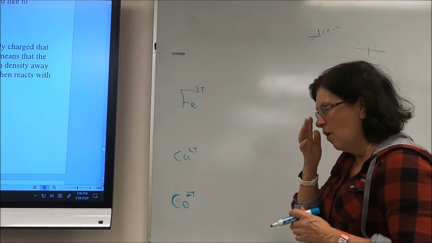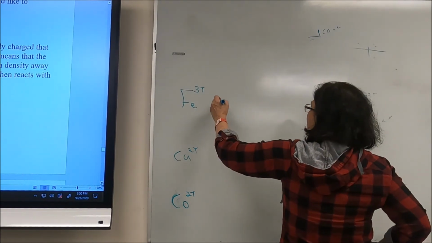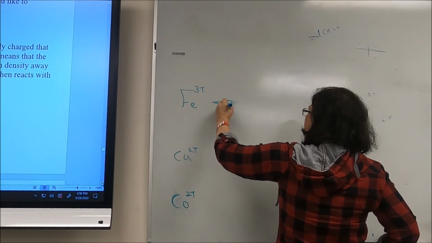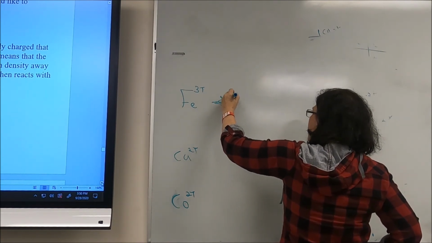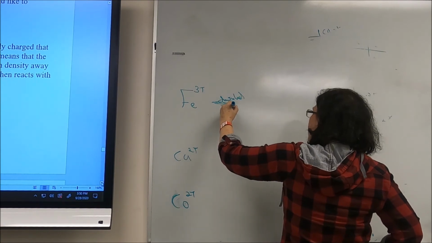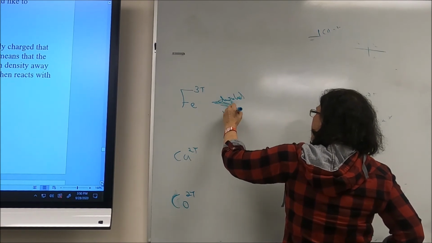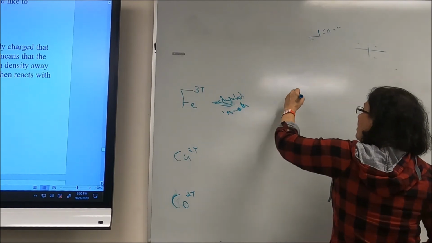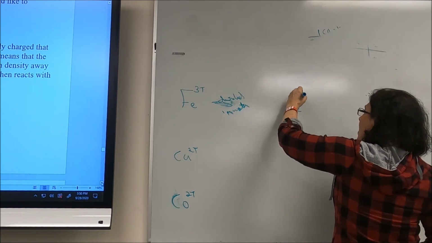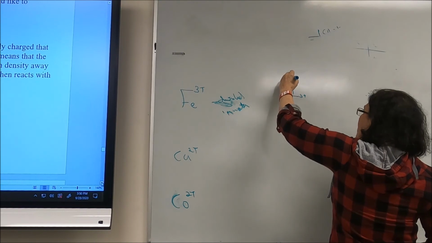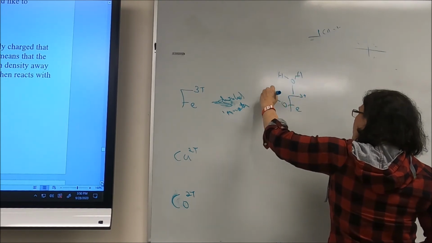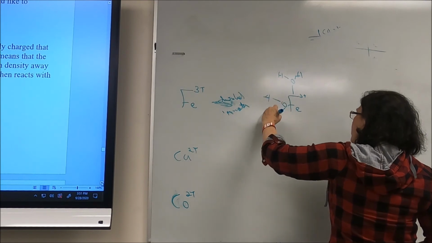These guys are actually acidic. And you look at me and you go, how? Well, when they dissolve in water, they form metal complexes. The iron 3+ will sit in the middle of 6 water molecules.